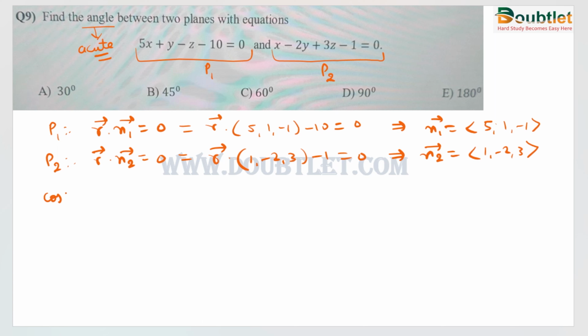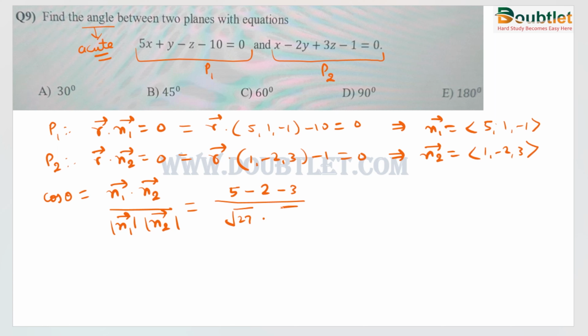So if we need to find the angle between them, then we have to use the formula that we have: the dot product of the normal vectors divided by their individual magnitudes. So if we find the dot product, it will become 5 minus 2 minus 3, divided by under root 27 multiplied by under root 14.